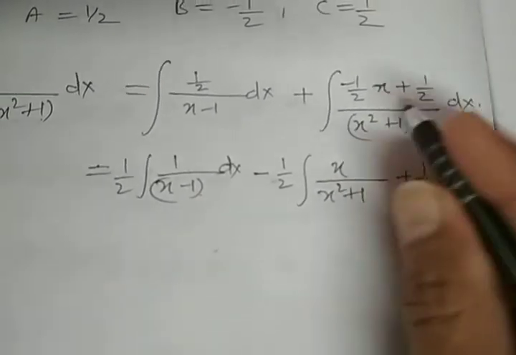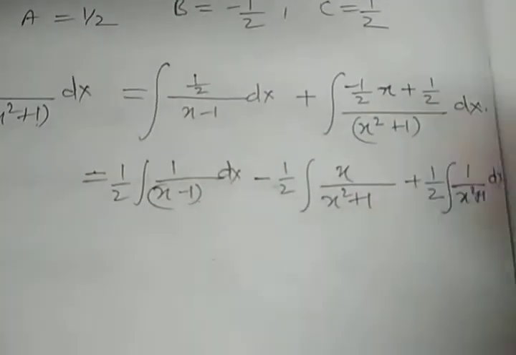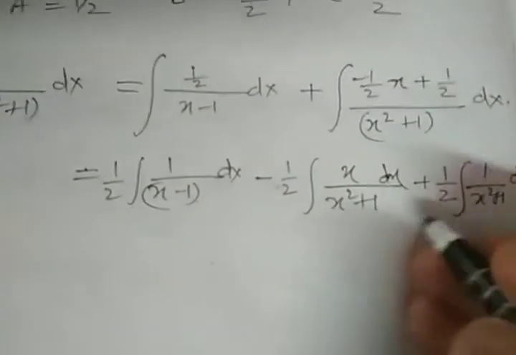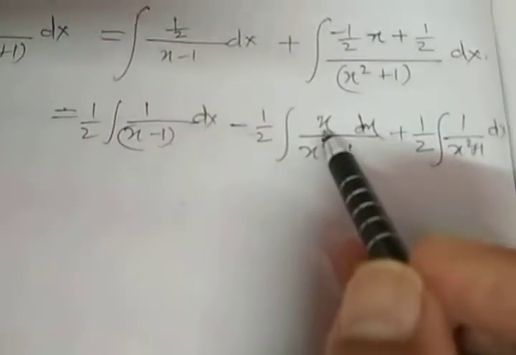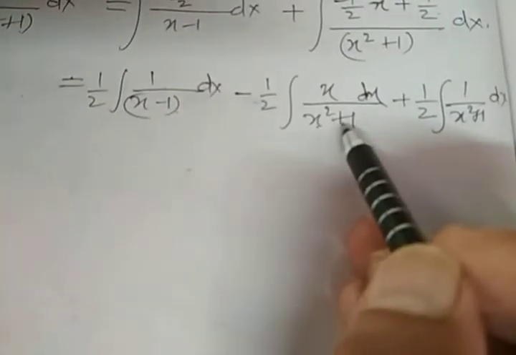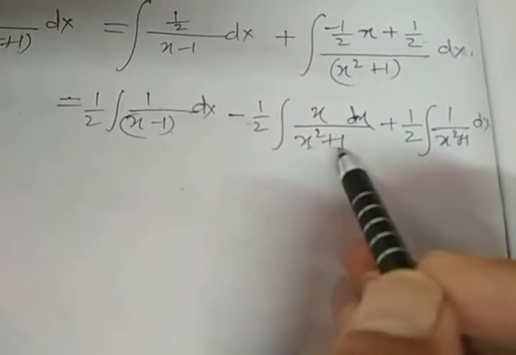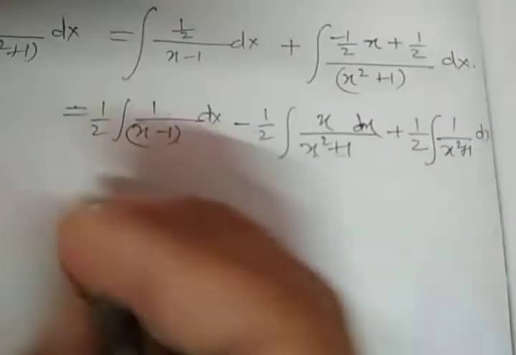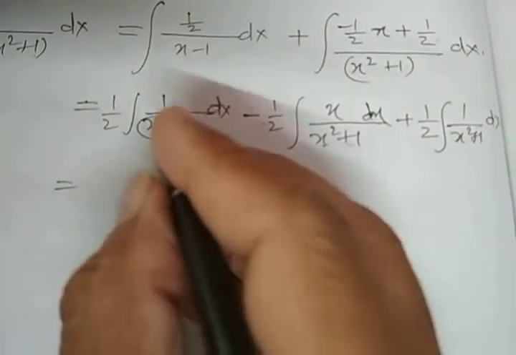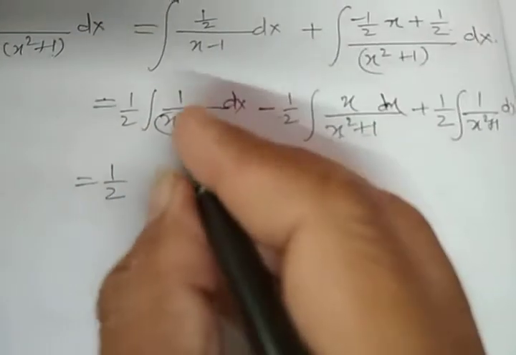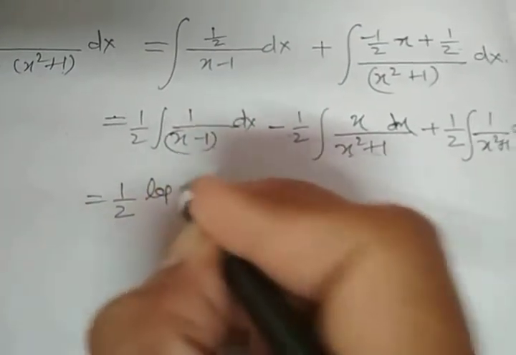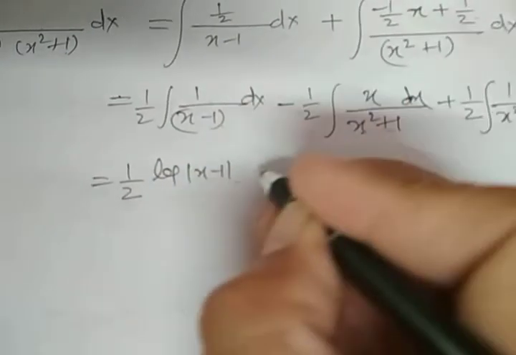This you also separate in two parts. See, in the numerator there is 1 degree left, so for this we will put x square plus 1 equal to t, then 2x dx will be equal to dt. This part will be simply integrated to 1 upon 2, integration of 1 upon x dx is log mod x minus 1.